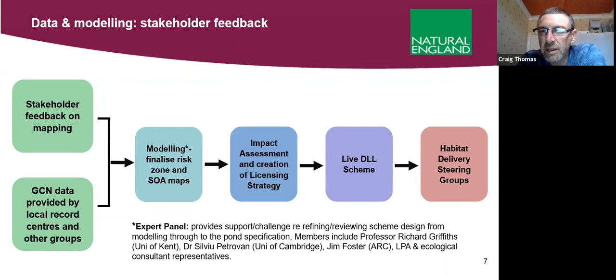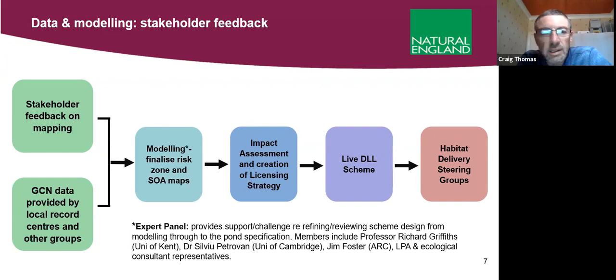It was recognised very early on in the Natural England model that organisations closer to the species in each region, we need as much information from them to shape the project with them to make DLL as accurate as it can be. In particular, the mapping and the modelling, because of this regional bias and importance.